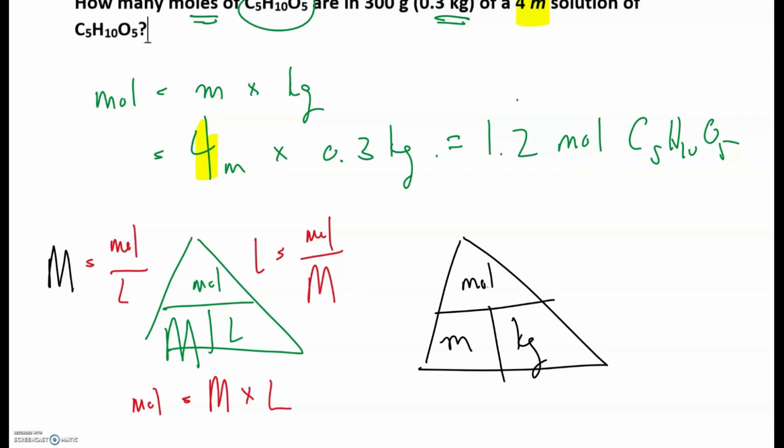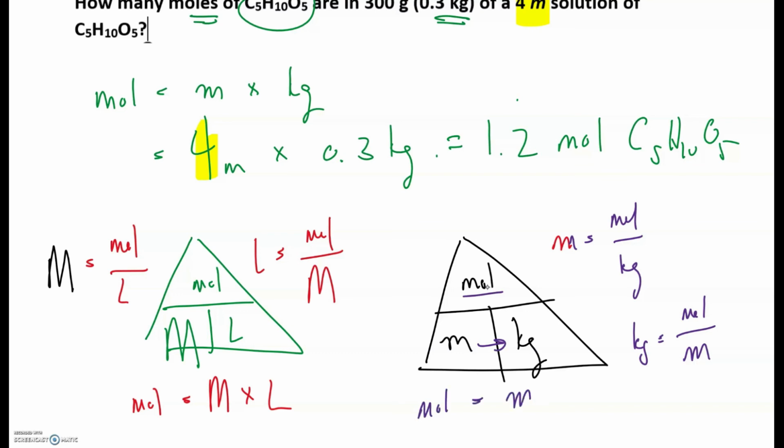If we're doing the same thing with molality, molality is equal to moles over kilograms. Kilograms is equal to moles over molality. And the last one, which I screwed up earlier, moles is equal to molality times kilograms.